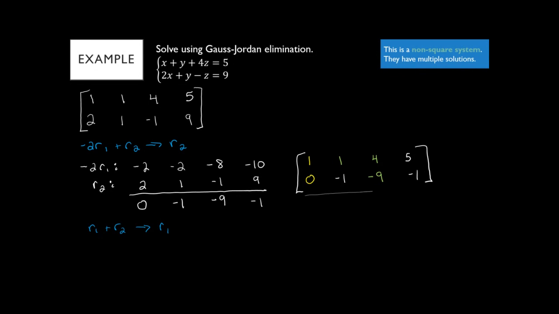When I add them together, that's going to be 1, 0, 5, and 4. So that's our new first row. So I've got 1, 0, 5, 4, 0, -1, -9, -1.